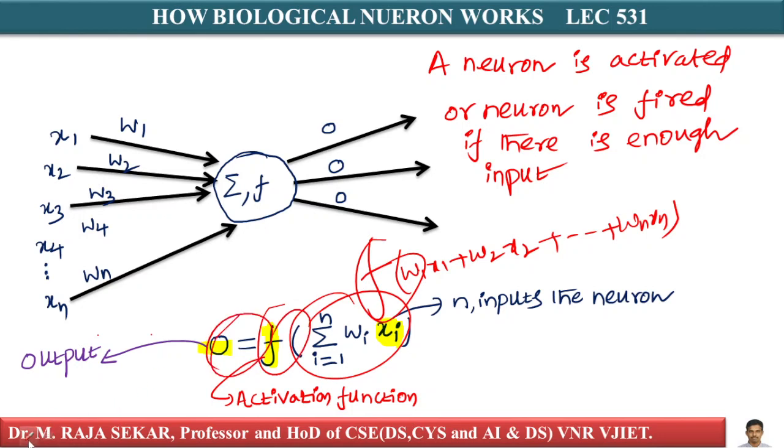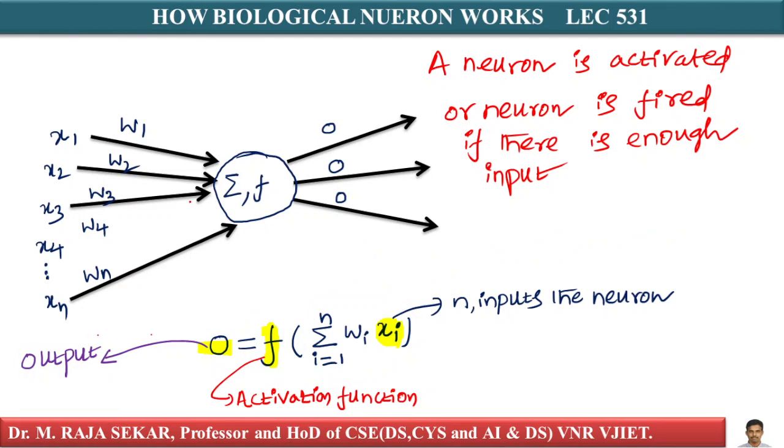This neuron is generating output. The same output O will be sent through all axons, through all outputs.